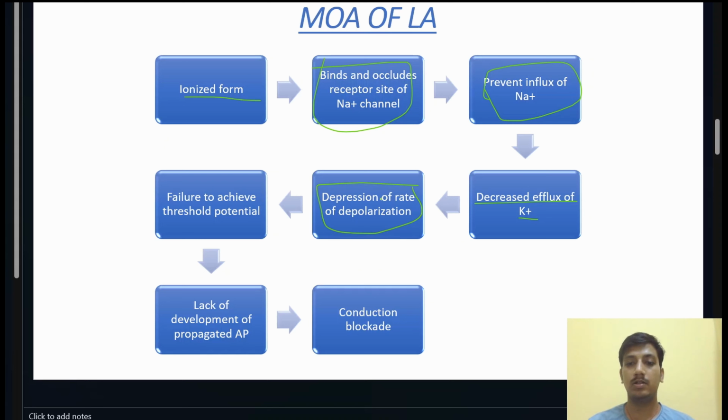Then there is failure to achieve threshold potential in a segment of a neuron, or the channels associated with the nerve fibers. Therefore, there is a lack of development of a propagated action potential, and therefore there is conduction blockade, so that the sodium influx is interrupted.